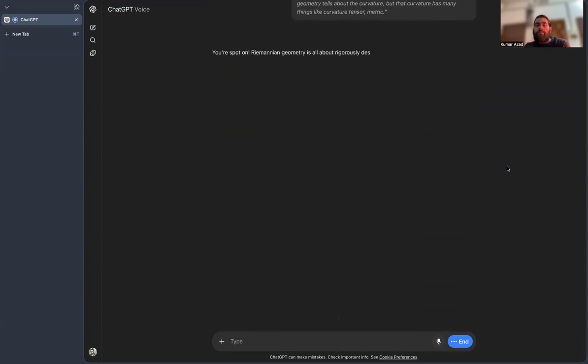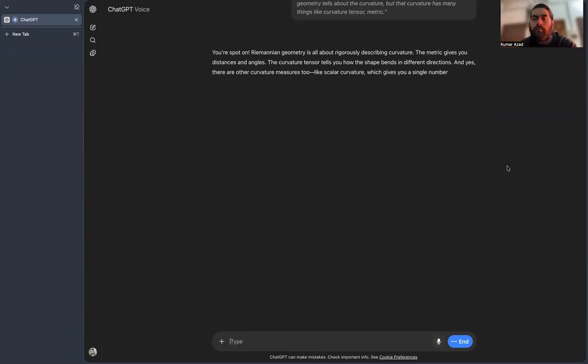Riemannian geometry is all about rigorously describing curvature. The metric gives you distances and angles. The curvature tensor tells you how the shape bends in different directions. And yes, there are other curvature measures too, like scalar curvature, which gives you a single number summarizing curvature at a point. Altogether, these tools let us deeply understand the shape and geometry of curved spaces.